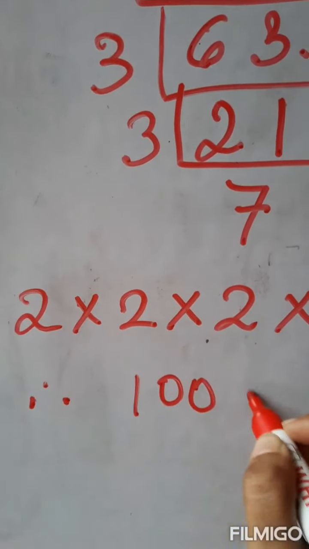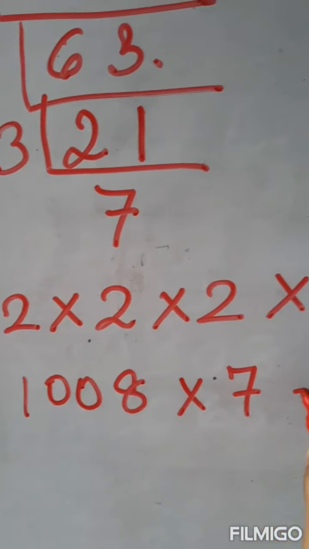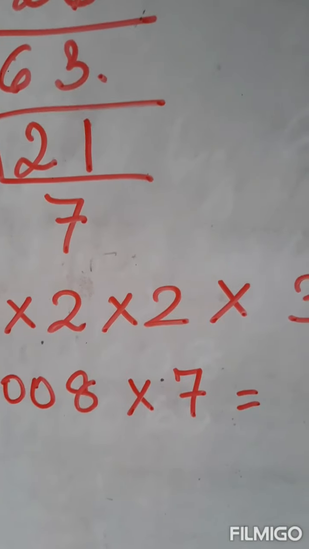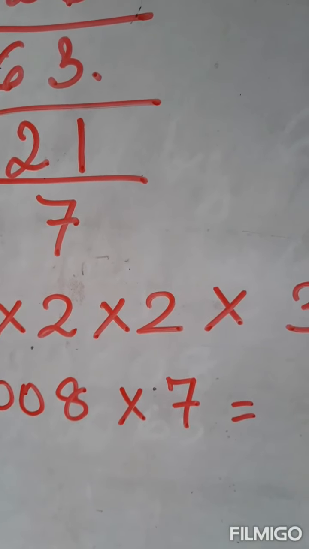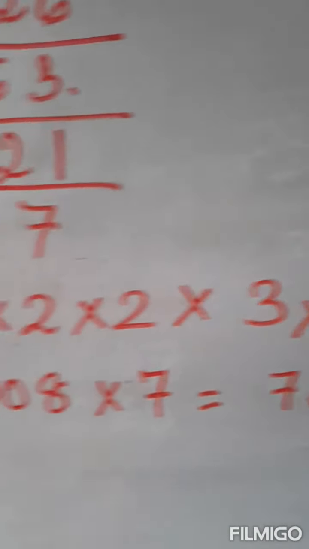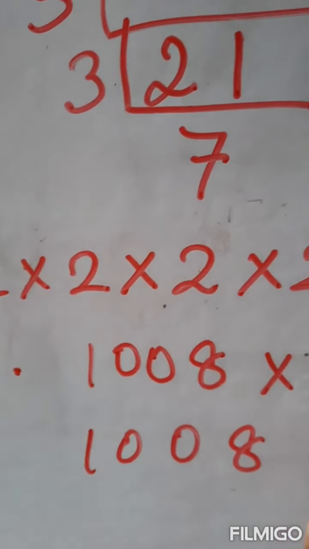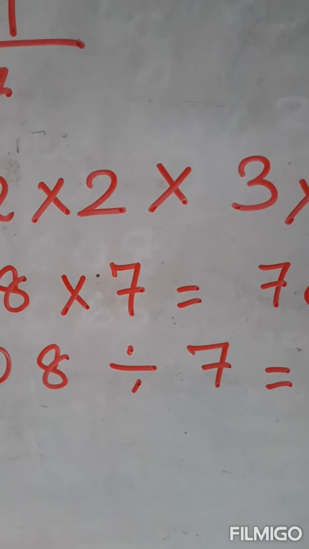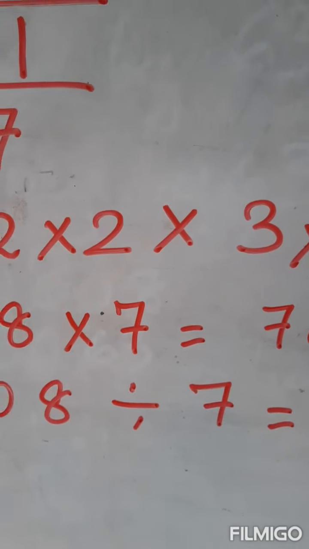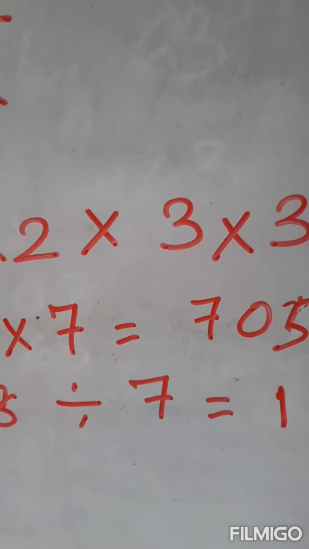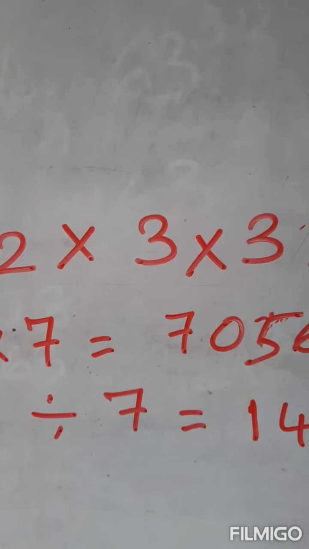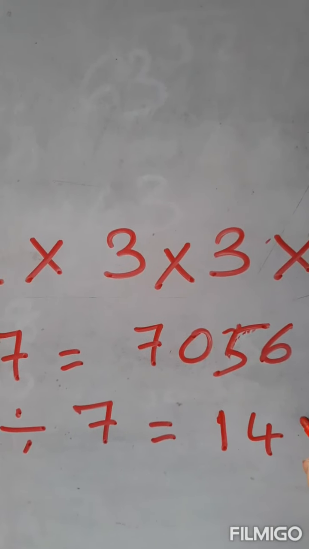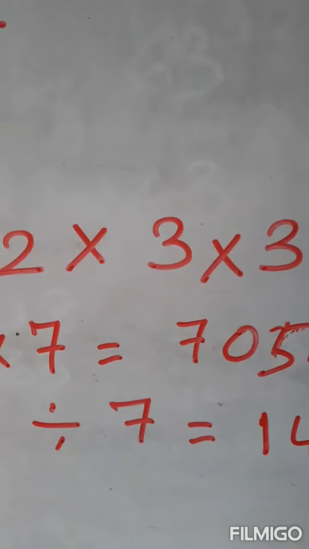So if we multiply 108 by 7, we get 7056, and if we divide 108 by 7, we get 144.